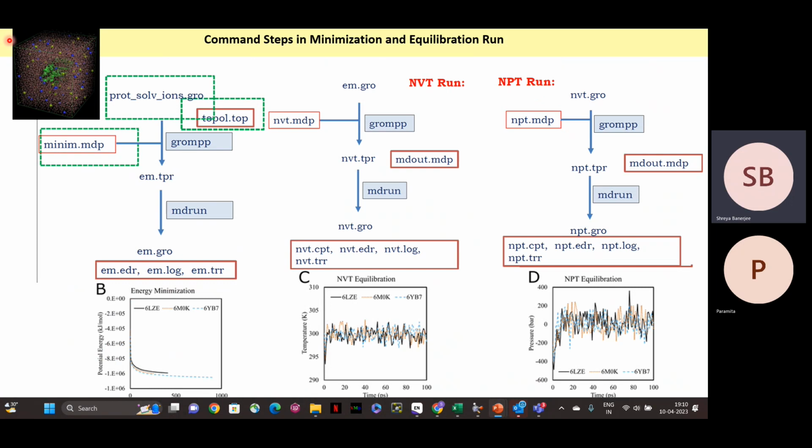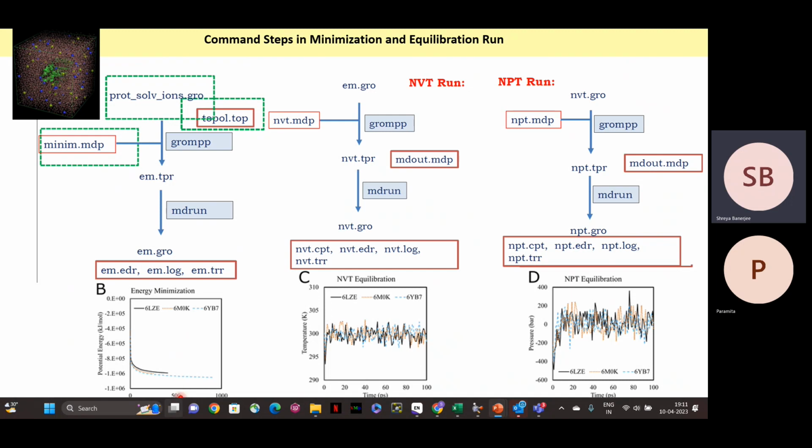When you take that structure and carry out energy minimization, you will get a graph like this, with time on the x-axis and potential energy on the y-axis. Here 3 different proteins are shown. For these proteins, you can see that the energy was initially high, but in an exponential way, the energy decreases till it reaches a constant.